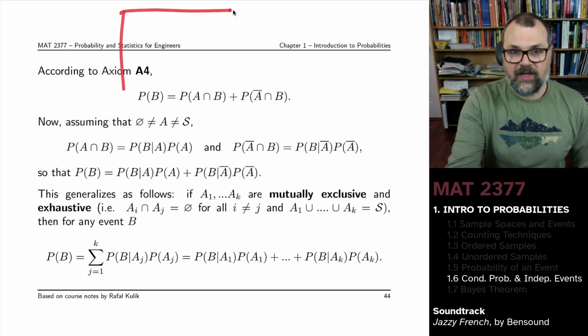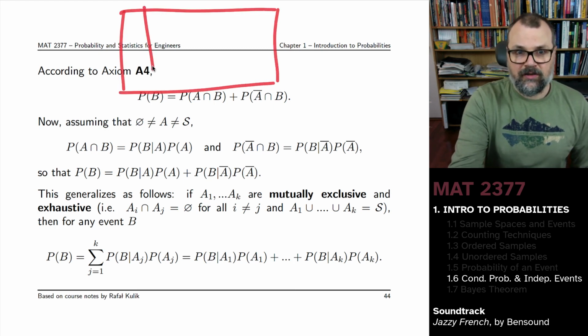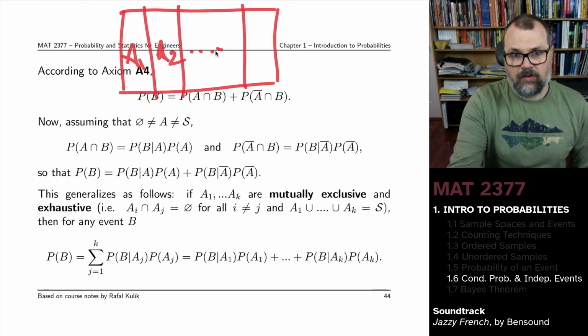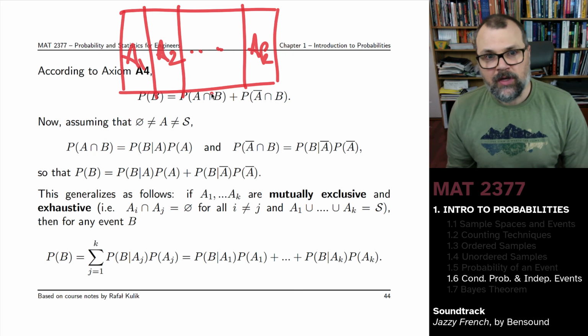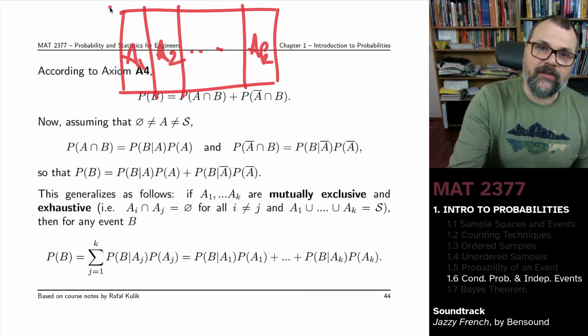So if this is your full sample space, you can think of this as A1, A2, up to AK. Each one of them is disjoint with every other one, so they're mutually exclusive, and they cover up the entirety of the sample space S.